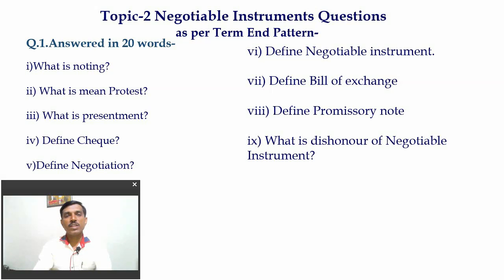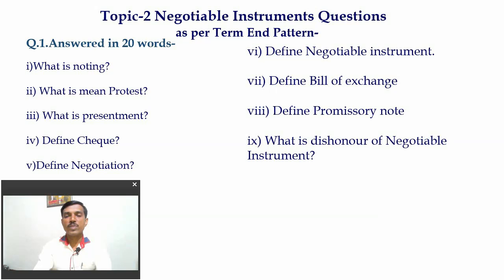What is the presentment? Presentment means presenting the negotiable instrument for payment to the acceptor or the drawee. It's called the presentment. Define the check, under section 6 of the Negotiable Instrument Act. Define negotiation: the instrument is transferred, with the right and title, from one person to another person. It is the negotiation.